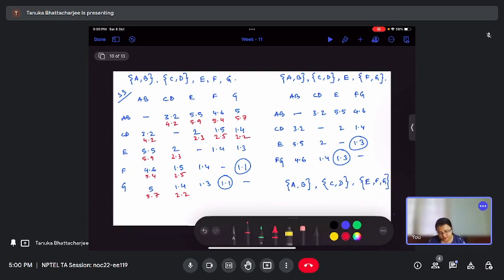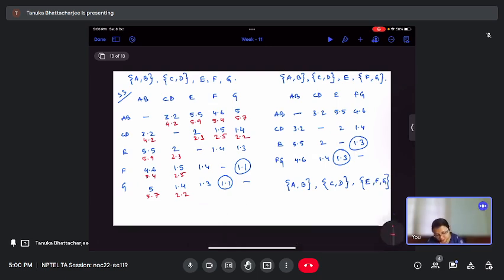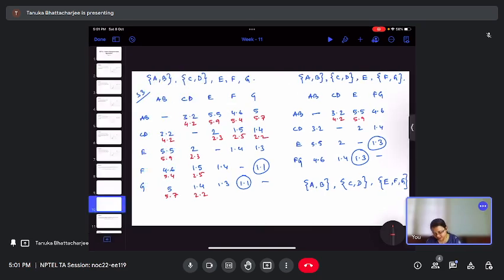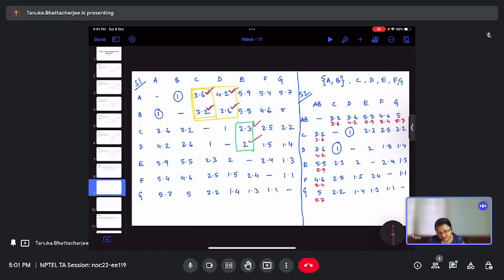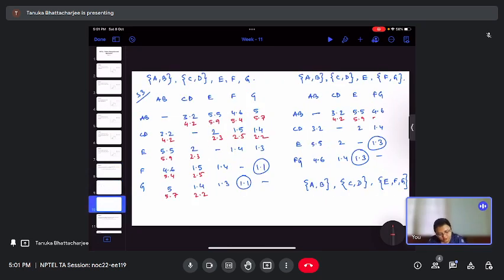Now the distance between AB and CD, as we have computed, is 4.2, AB and E is 5.9, and AB and FG we will have to see. AB and FG, the maximum distance is 5.7. Then the distance between CD and E, you had 2.3.